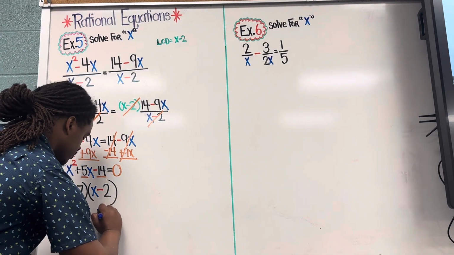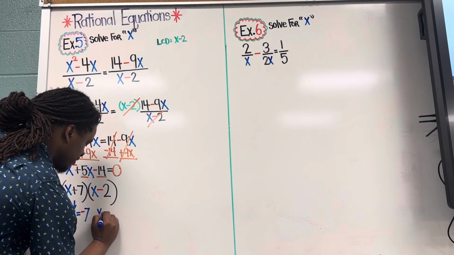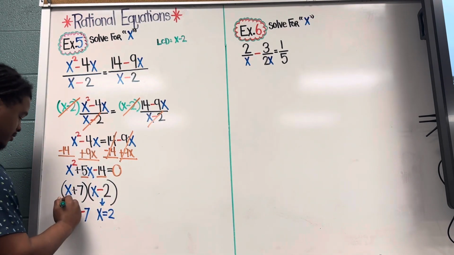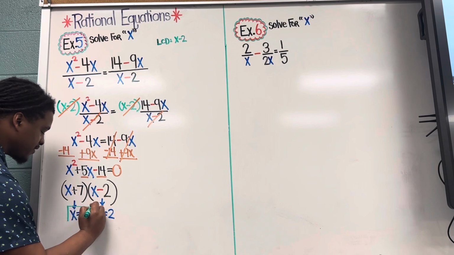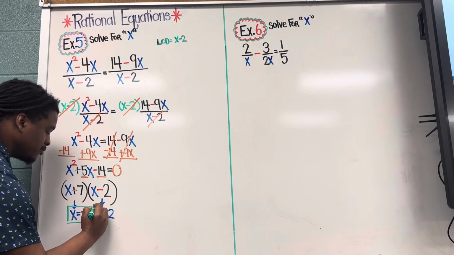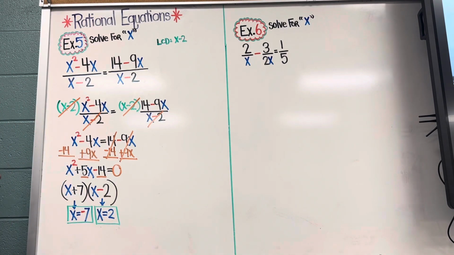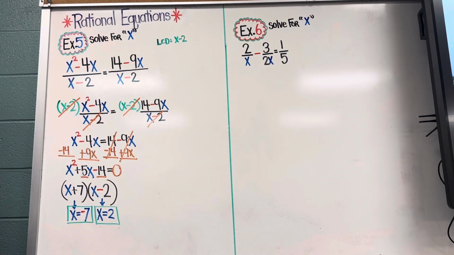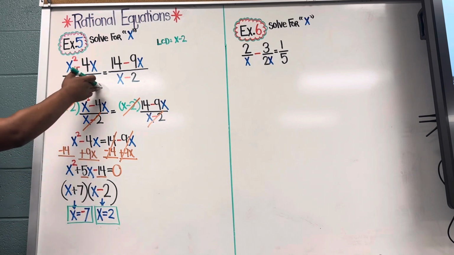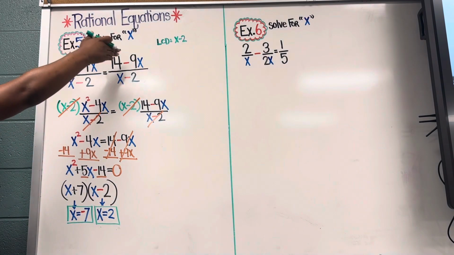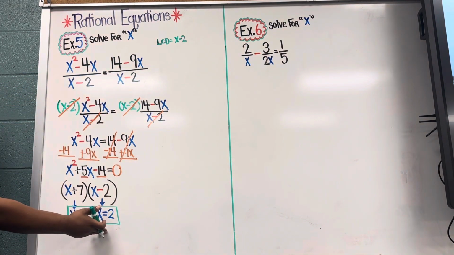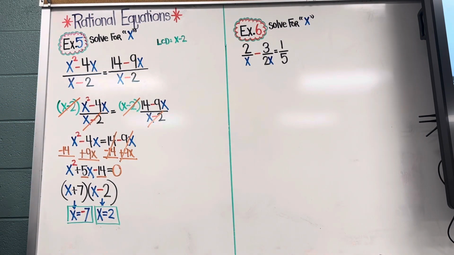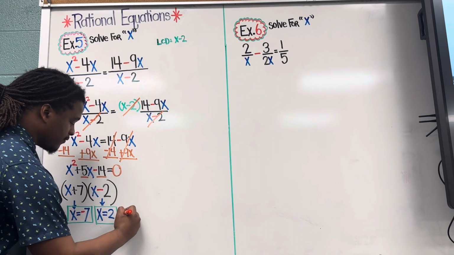So x equals positive 2. Okay? So we have successfully found the two specific values that x could be in order to make this whole rational equation true, which is x equals negative 7, and if we plug in negative 7 on this side, it will equal this side, and if we plug in 2 as x, both sides will also be equal. So we have successfully solved for x.